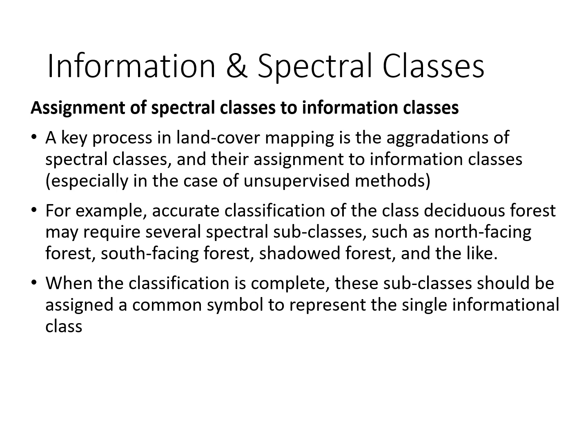This is especially the case when you're using unsupervised methods, because unsupervised methods are just going to give you uniform or near uniform spectral classes, but you might come up with two spectral classes like north-facing and south-facing forest, or north-facing and south-facing crops for that matter, that need to be aggregated in order to create the information class you're interested in, which would be forest or crop.